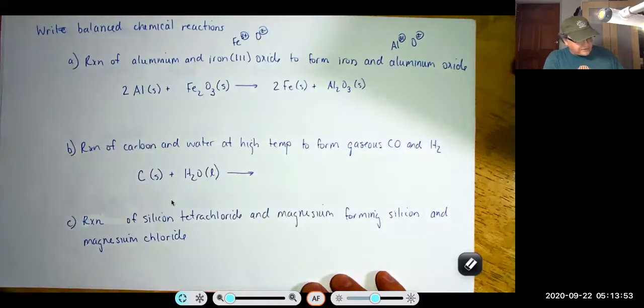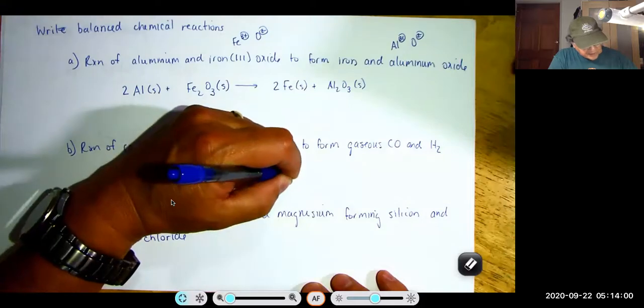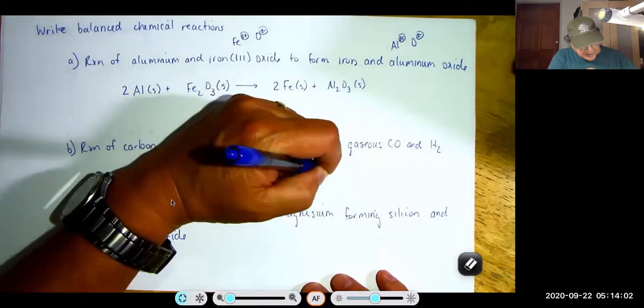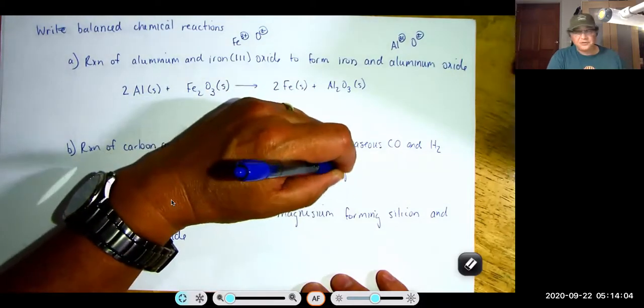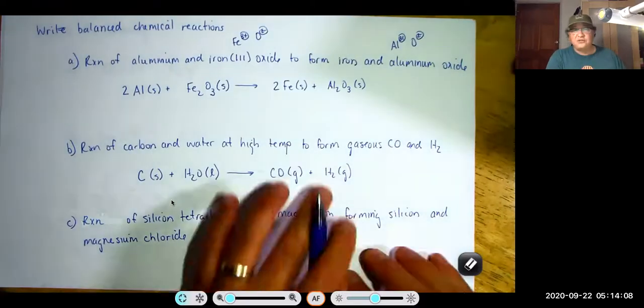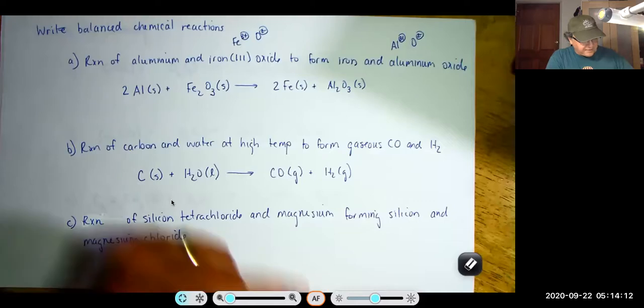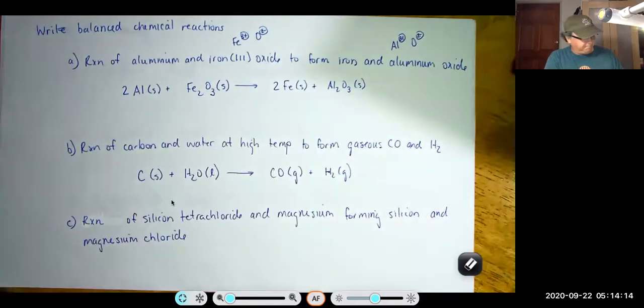Now, of course, when you raise this to high temp, that's going to turn into a gas. We form gaseous carbon monoxide and H2 is a gas at most temperatures. In fact, you can't find H2 not in the gaseous form on Earth. It doesn't get cold enough, except for in a lab.